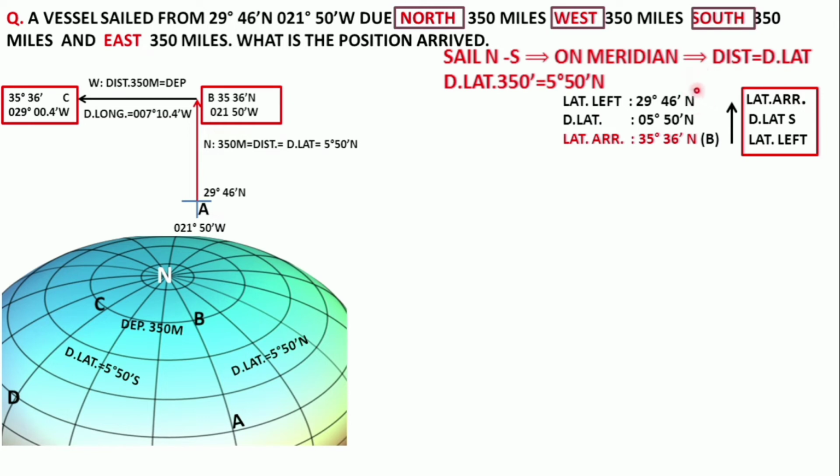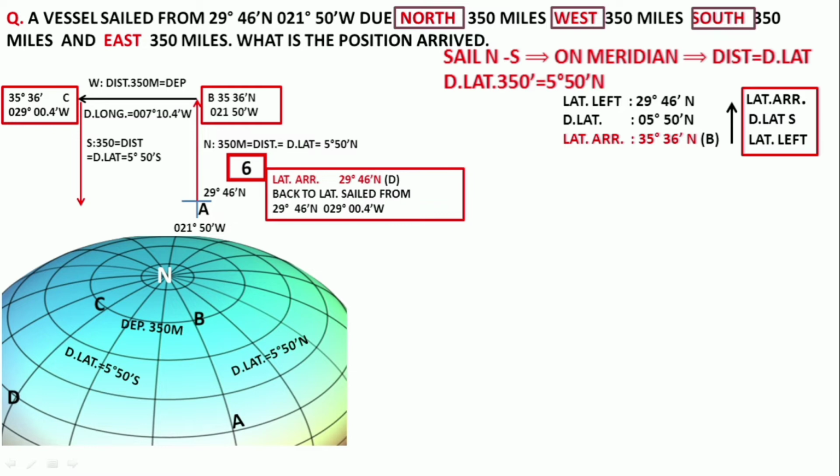So this is the latitude left. Now from C to B is the same latitude. D lat is south, so you are back on the same latitude where you started from.